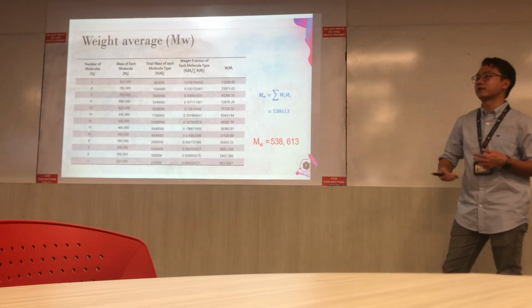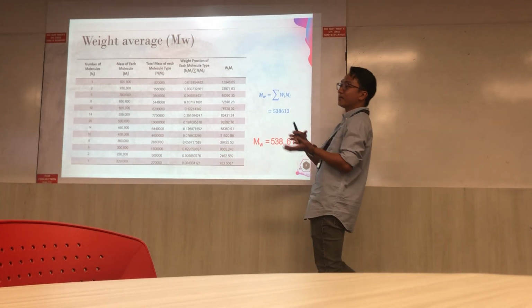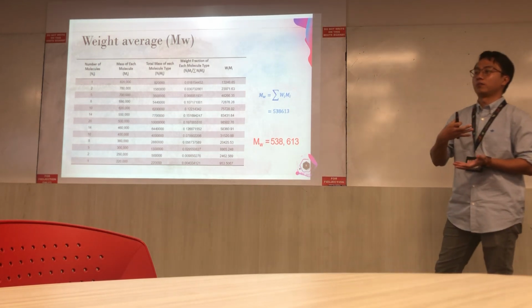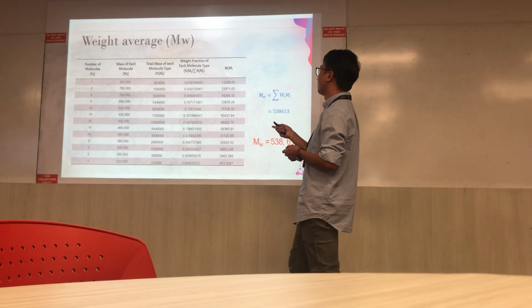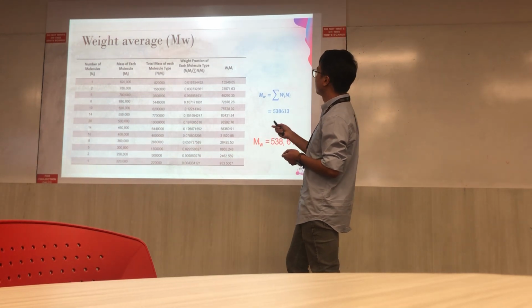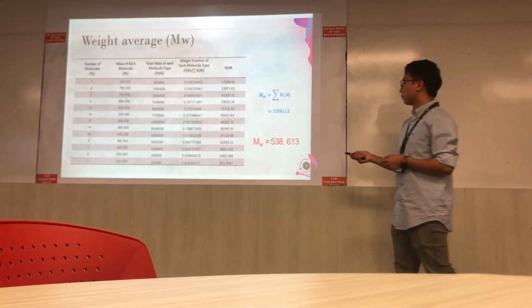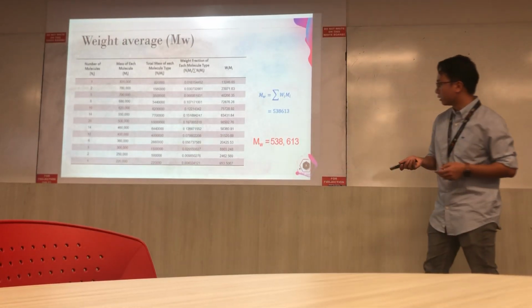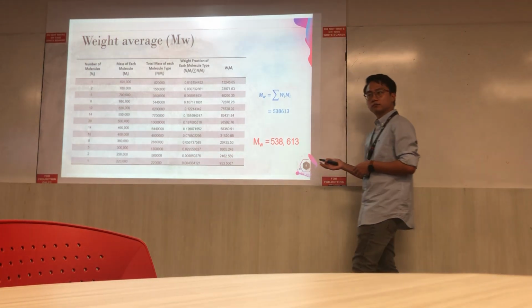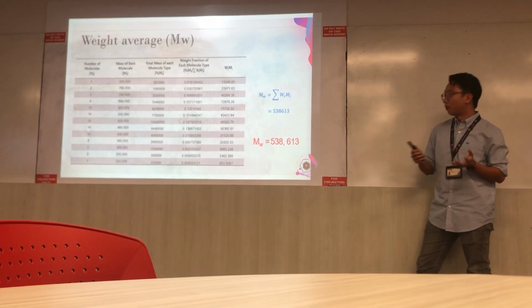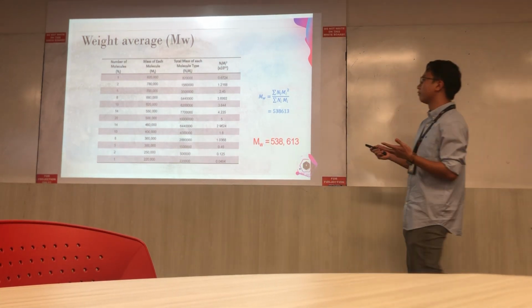Meaning the weight fraction is a fraction out of the total mass of the whole system for that specific type of molecule. And if you have that, you can just multiply back by the mass of each molecule and sum everything together. Then you should get 538,630.